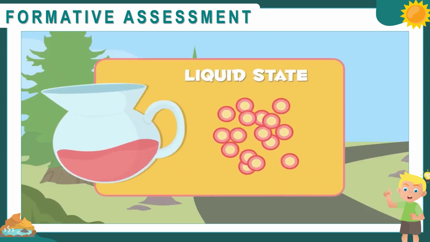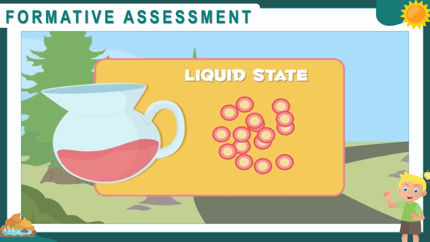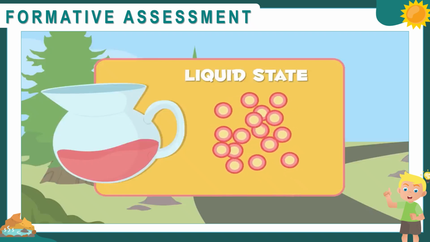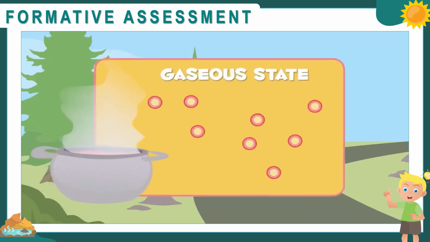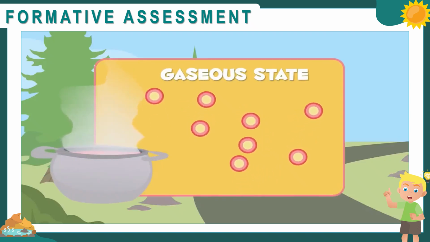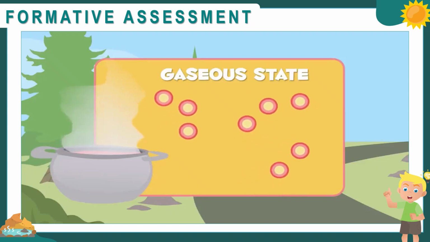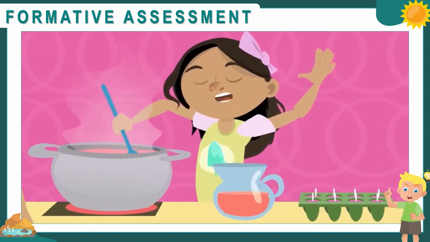Liquid matter takes on the shape of its container, occupying always the same space. Besides, particles are separated and can move freely. Gas matter doesn't have a fixed shape or volume. Its particles are well separated and can move freely. That is all about states of matter.